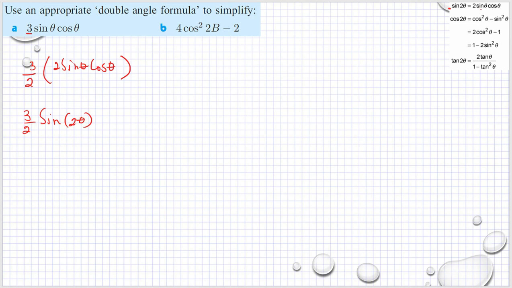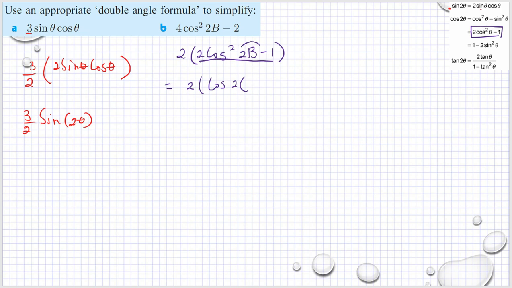Okay, now we have the b. We have 4 cosine squared 2b minus 2. So if we factor out 2 there, then we have 2 times 2 cosine squared 2b minus 1. And we know that this is the same as the double angle formula, so we have 2 times cosine 2 of 2b.